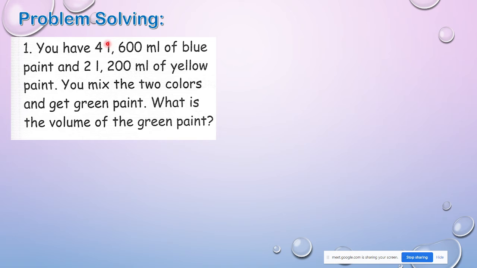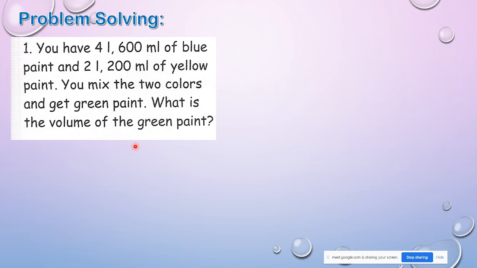Not number 1, this is L. 4 liters, 600 milliliters of blue paint, and 2 liters, 200 milliliters of yellow paint. You mix the two colors and get green paint. What is the volume of the green paint?